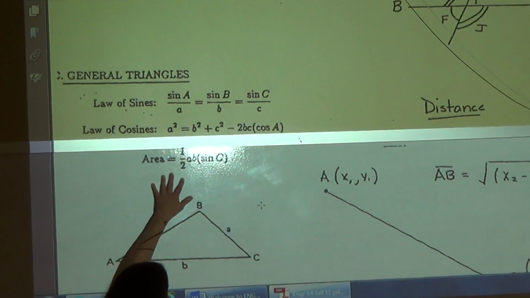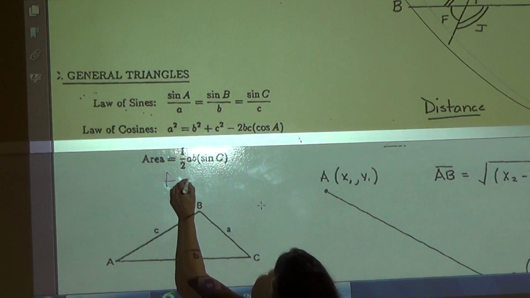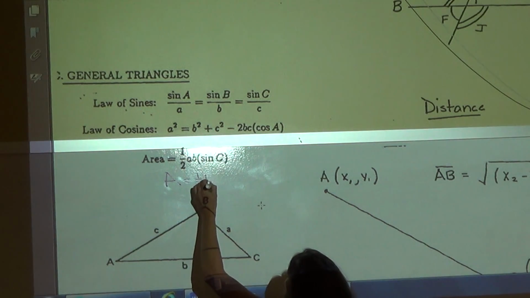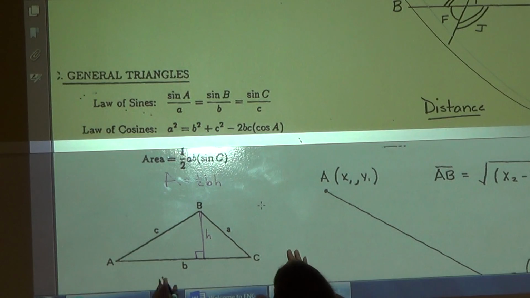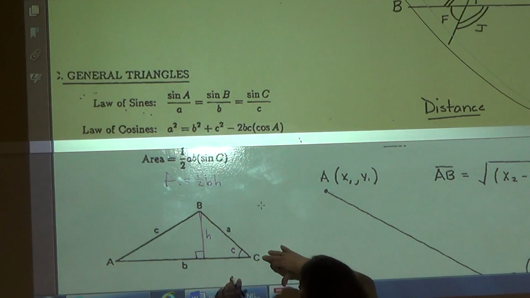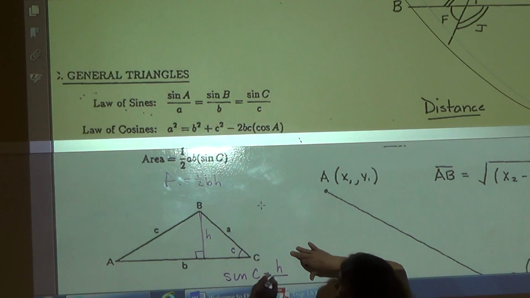And then, how did they get this area? How did they get that equation? The area of a triangle is equal to 1/2 base times the height, right? So this right here is the height, and the height is a perpendicular. And here's my angle, C. So isn't the sine of C equal to opposite over hypotenuse, A?